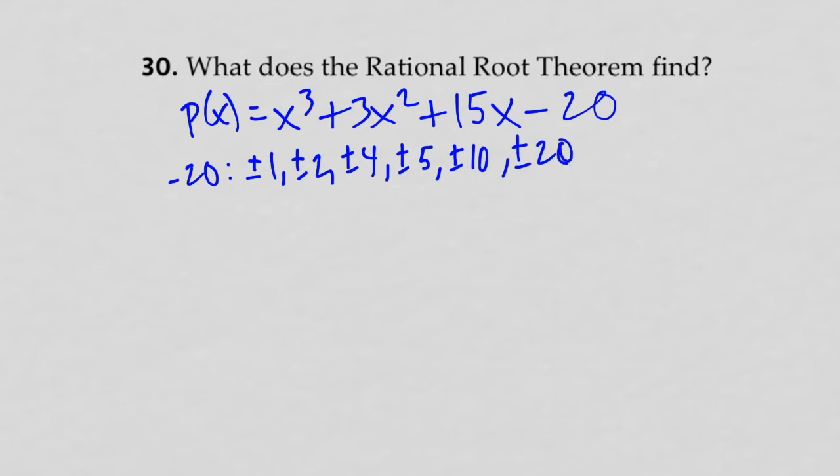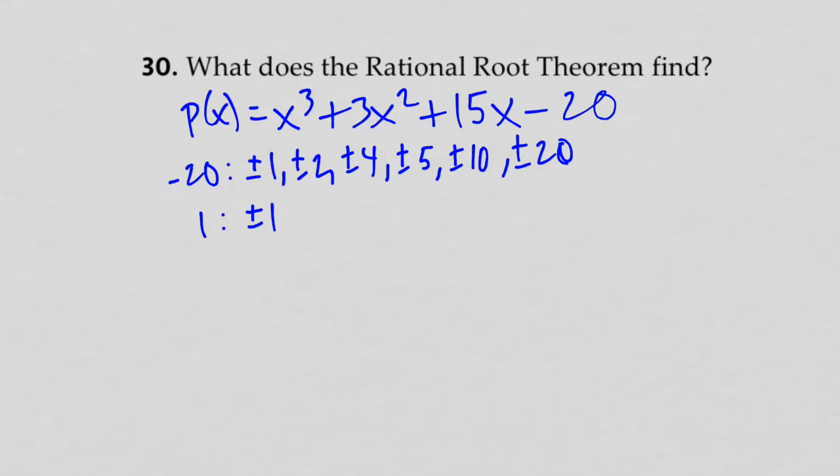Then take the leading coefficient, which is 1, and find all of its possible factors, which are just 1. And then I can make fractions out of this. Remember, 1 over 1, 2 over 1, 4 over 1, 5 over 1, 10 over 1, 20 over 1, and so on. If there was another number here, then I would have to use 1 over whatever that number is, 2 over whatever that number is, and so on. Right? I would have to find all of them.